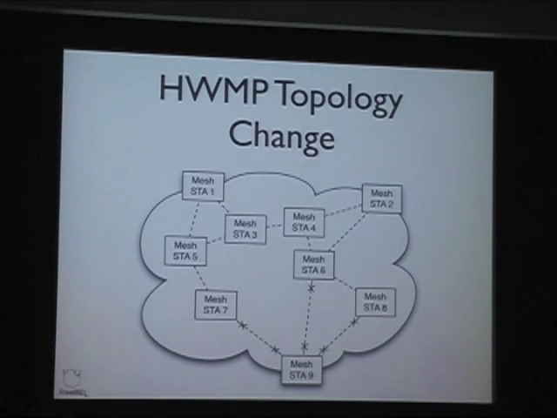So another thing that might happen is when a node goes away. Let's say that node 9 goes away. Because node 9 will stop broadcasting beacons, all of the stations who were peers to station 9 will figure this out, and they'll say, hey, station 9 went away.